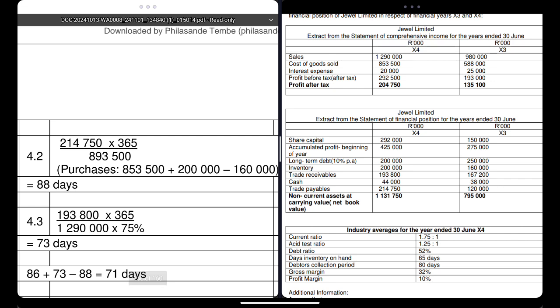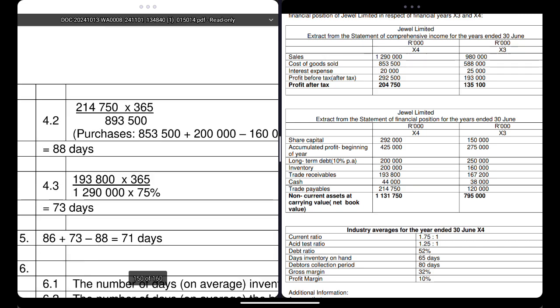So you take your closing balance of inventory at the end, minus the balance at the beginning, and that will give you your purchases. It's the same formula: opening stock plus purchases minus closing stock is equal to cost of sales. I'm just manipulating the formula to get purchases when I have everything else. So solving for x basically. So I just put that over there, times 365, and it gives me 88 days.